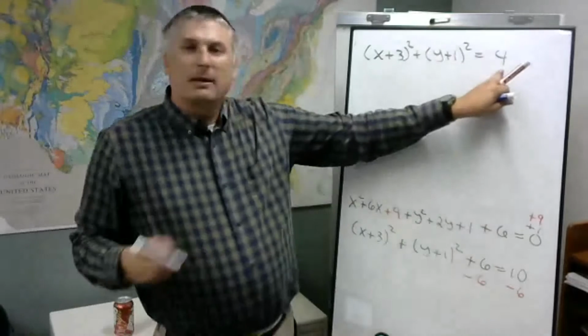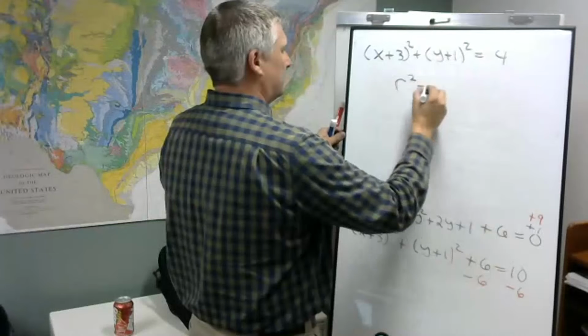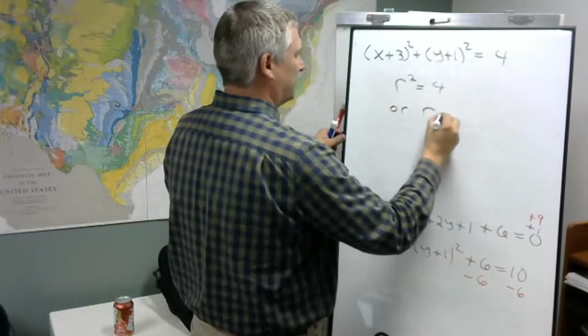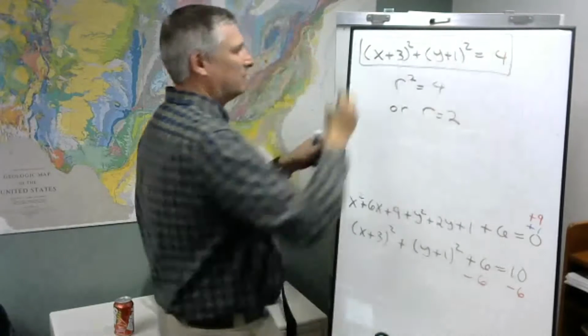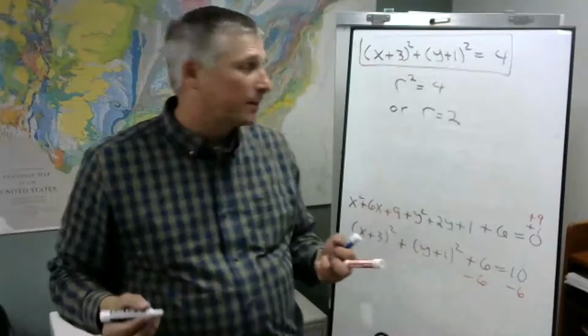So remember, the number here is r squared. So this means r squared is equal to 4, or r equals 2. Now this is actually what we're looking for. That is the formula for the circle in standard form.